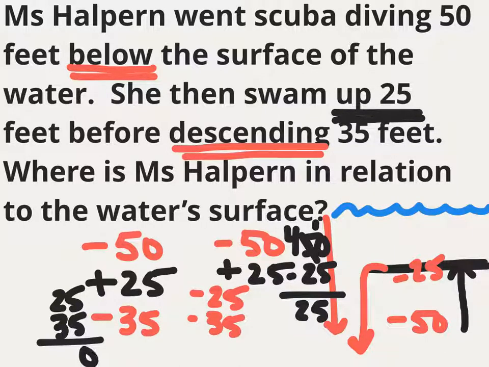When I add 25 and 35, I get 60. Once I've combined them, I keep the sign they already share. So negative 25 and negative 35 combine to make negative 60. Miss Halpern is now 60 feet below the surface of the water. She's at negative 60. Let's go ahead and wrap up this lesson.